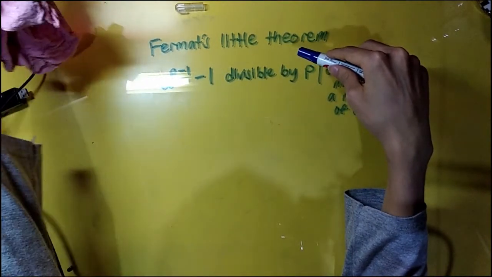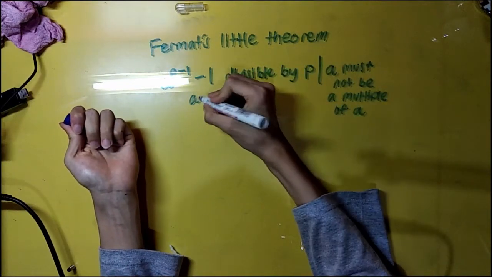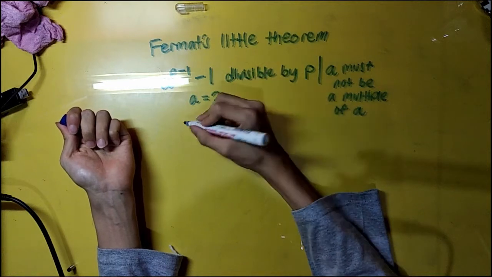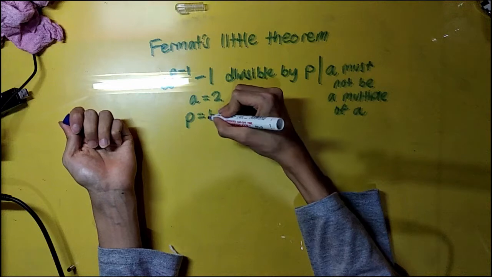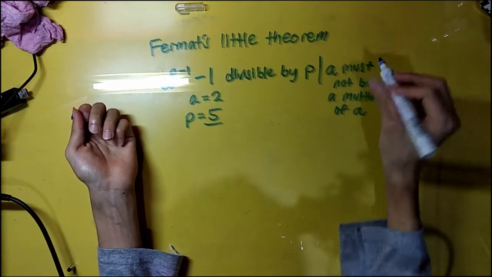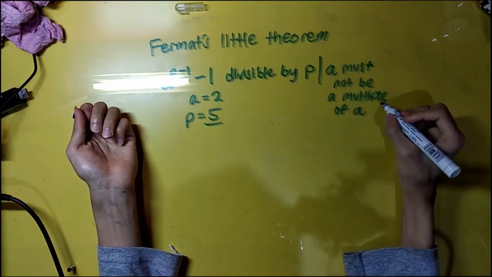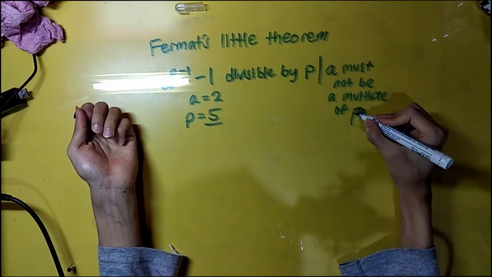So let's see this thing in action, right? Let's set a to be, I don't know, 2, and let's set p equal to 5. This thing works out. 5 is a prime number, and 2 is not a multiple of 5. Oh wait, a must not be a multiple of p. Sorry about that.